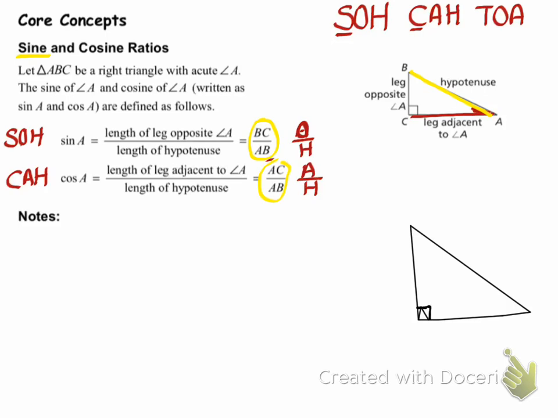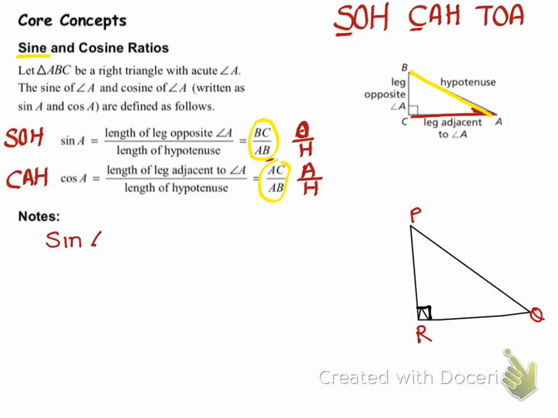Yeah, that's a right triangle. If I label the angles, this is P, Q, R. These are my angles.